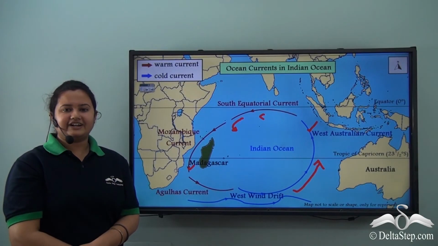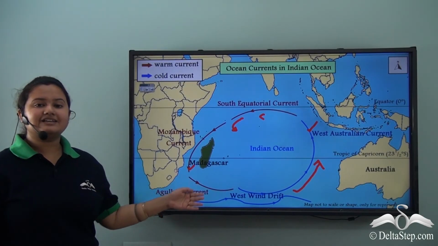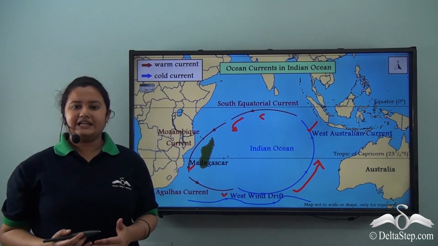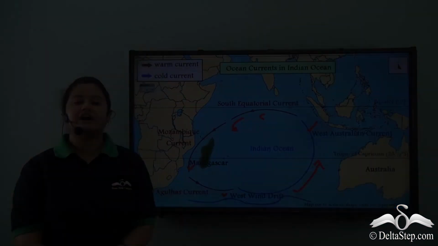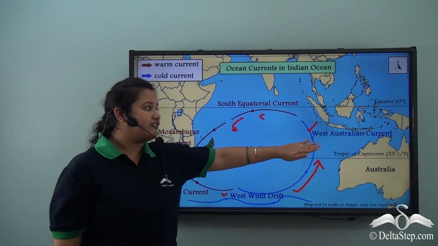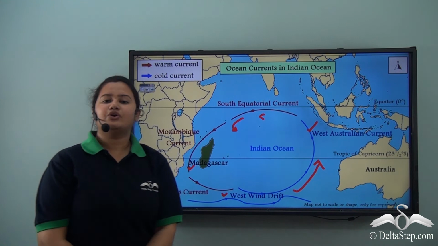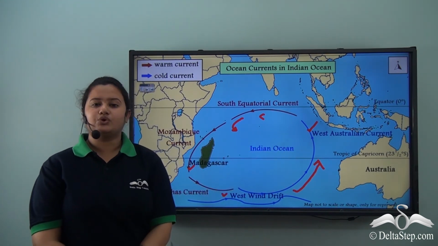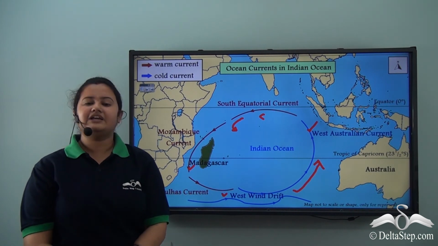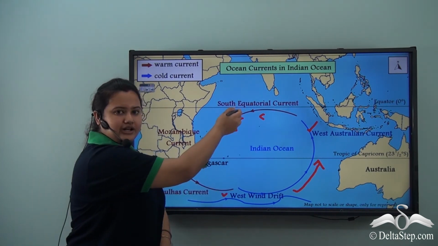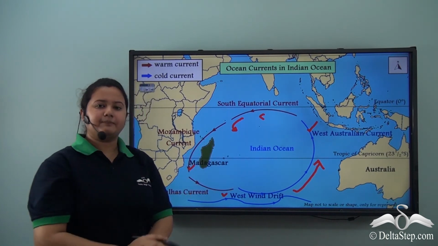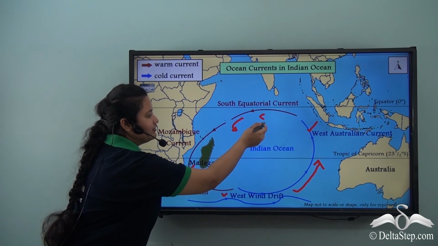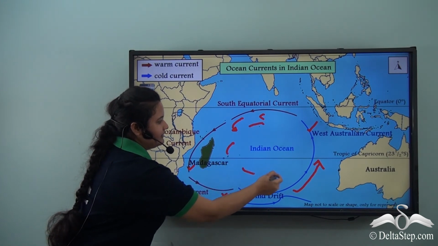The name of this current is Agulhas current. Agulhas current combines with the west wind drift and finally, the last current, that is a cold current whose name is the West Australian current, originates. The West Australian current deflects northwards due to Coriolis effect and finally joins the South Equatorial current and the cycle gets completed. So, just see that here the currents move in this manner.